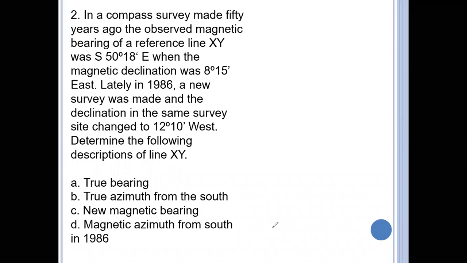So if this is the north, east, west, south direction, this is the true north. Our first declination is this value to the east. We can label that as the first magnetic north, MN1.